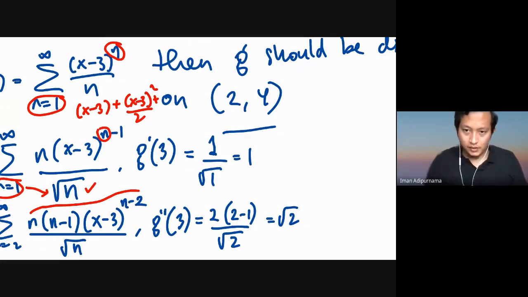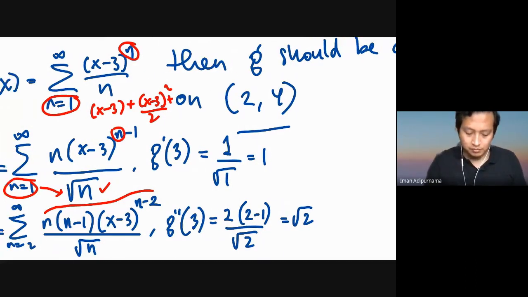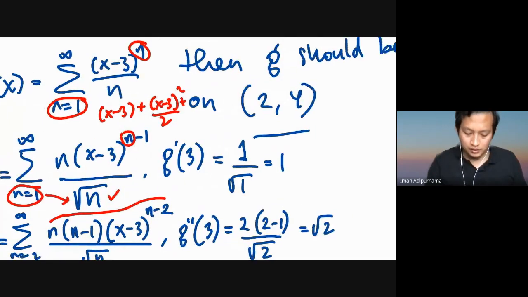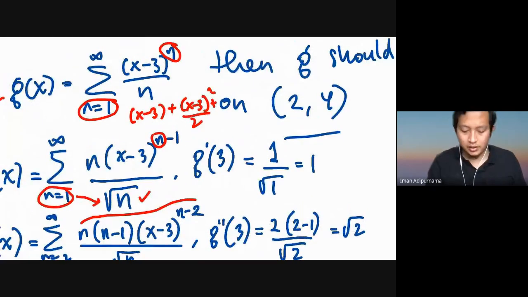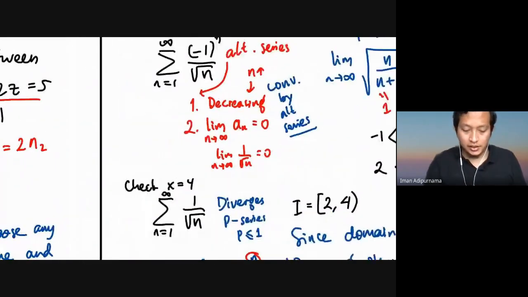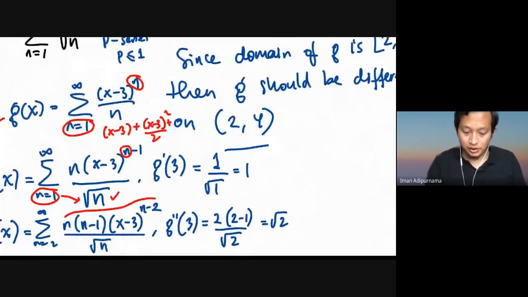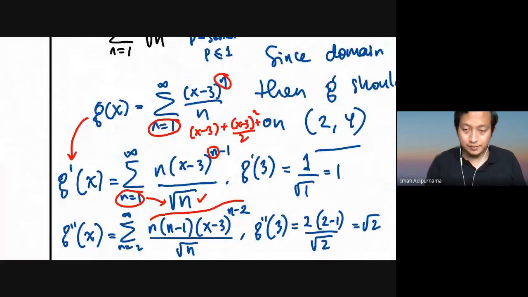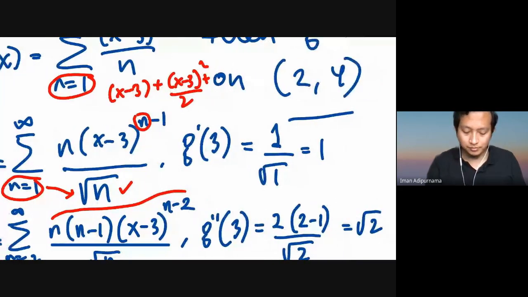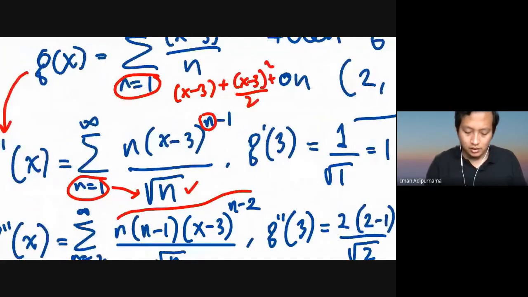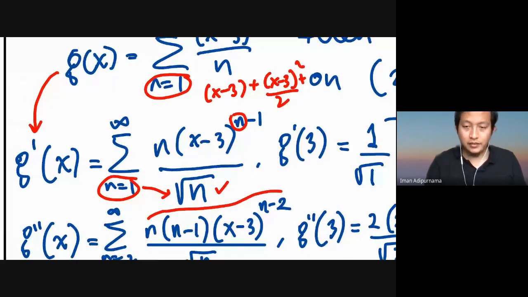So actually for g prime, the number here is not too relevant, because when x is equal to 3, it actually makes the series become 0. But in terms of convergence, we are calculating the n first.